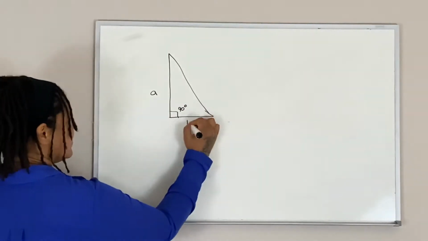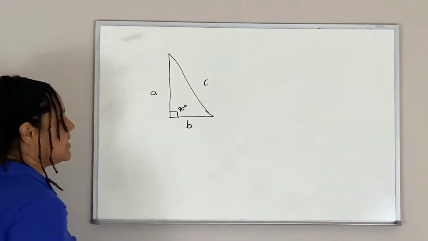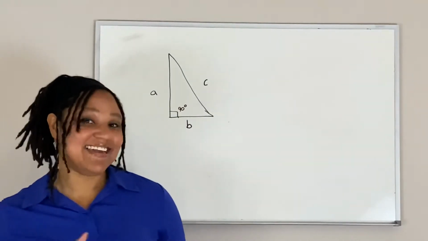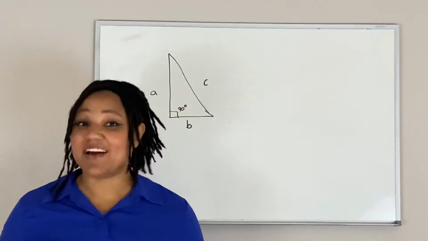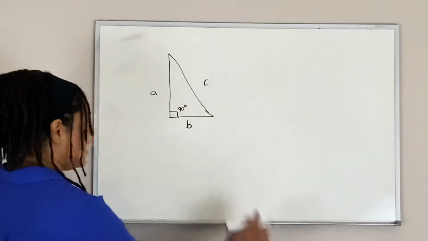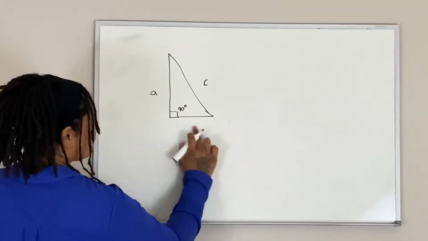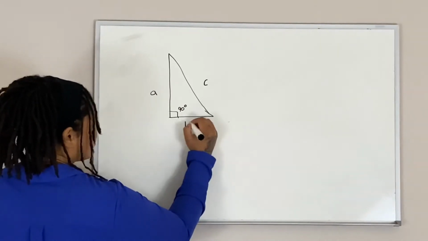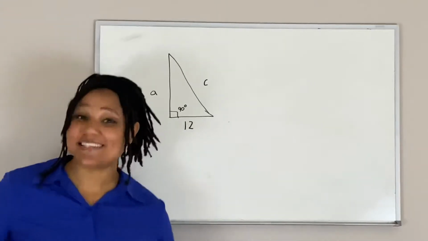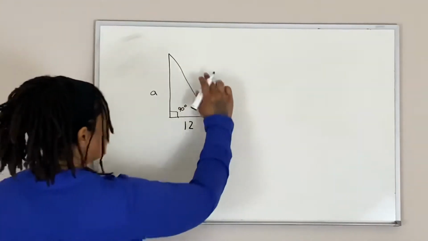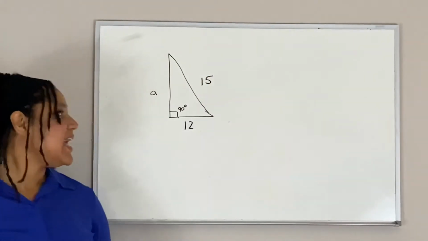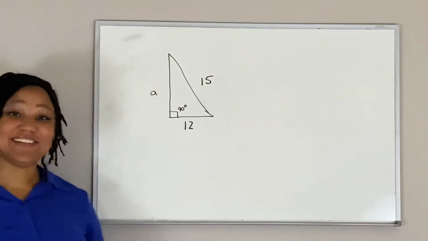This side is A, this side is B, and this side is C. And now this time I give you side C and side B, and you're asked to find side A. So let side B be a length of 12, and let side C be a length of 15. And I ask you to find the length of side A.